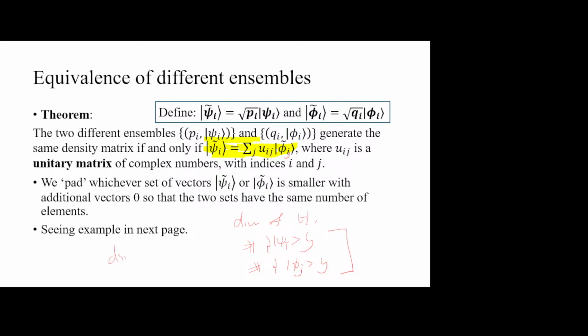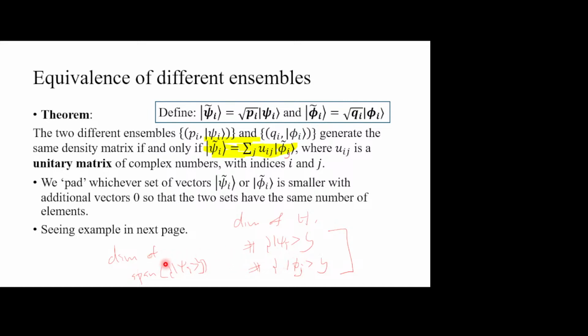The dimension of the span of psi i is the same as that of phi, because we are dealing with the case where the density matrices are the same, so the span of psi is going to equal the span of phi.